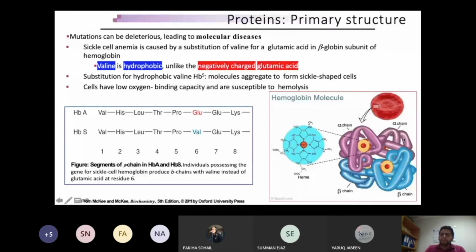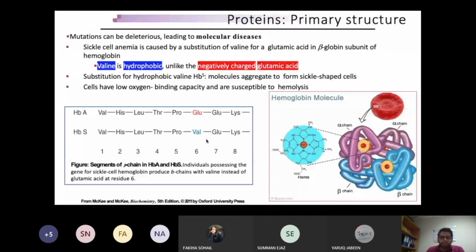Another interesting example, which is very common, and we have been learning this example since our college times, or since our elementary school time, is hemoglobin. There are two types of traits of hemoglobin. One is called sickle cell, and the other is normal hemoglobin.